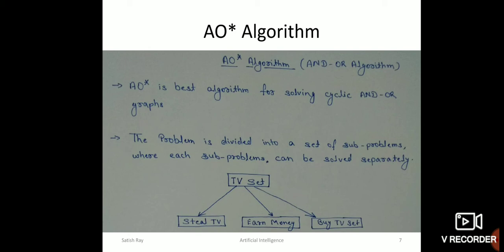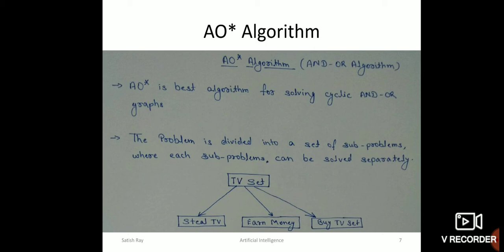So here we can see the first option is a single step solution, but the second is a two-step solution. First we have to earn money and then we have to buy the TV set. Means both the steps should be taken simultaneously. Then only we will have a TV set.